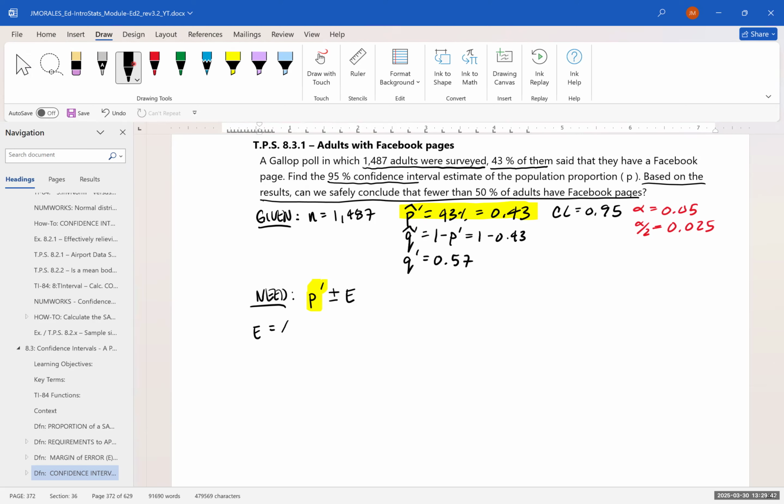So that's going to be equal to our Z alpha over 2 score, which is our critical value score, times the square root of P prime times Q prime divided by N. And we've got P prime from earlier. We have Q prime. We have N. What we don't have is our Z alpha over 2 score. So let's go ahead and figure that out here off to the side.